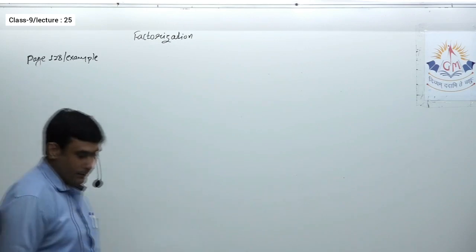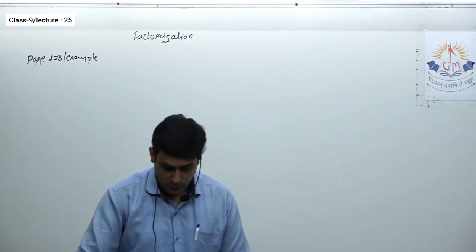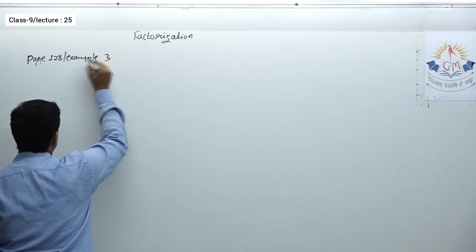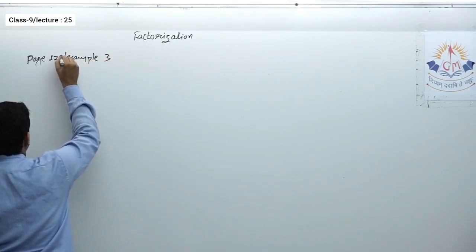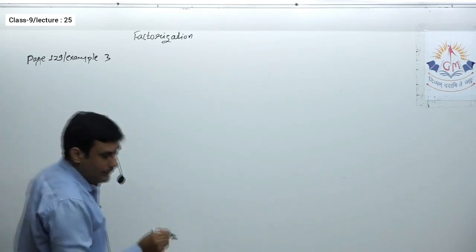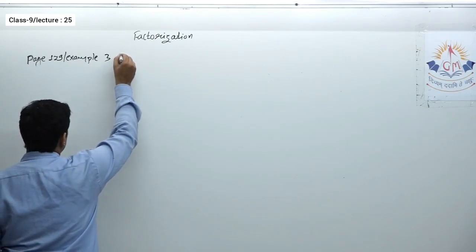Example 3 says find the value of. It is on page number 129, find the value of a minus b plus c whole square.